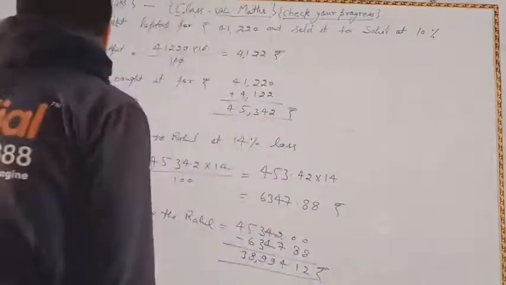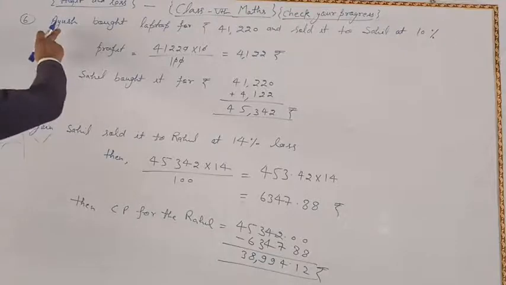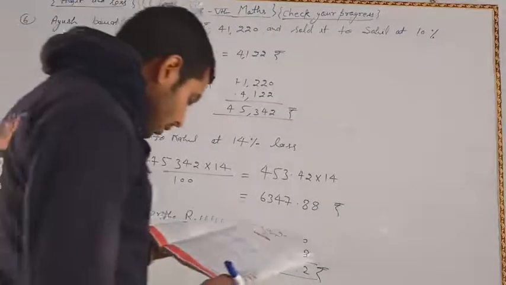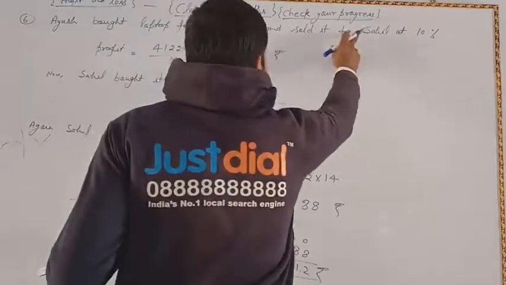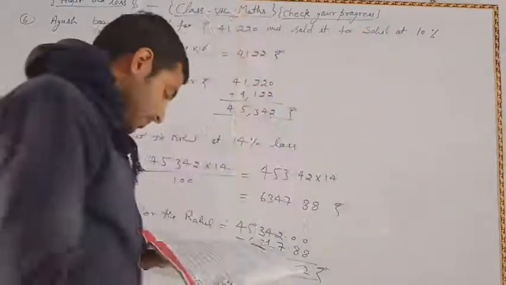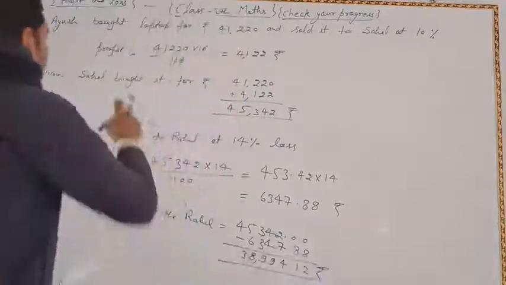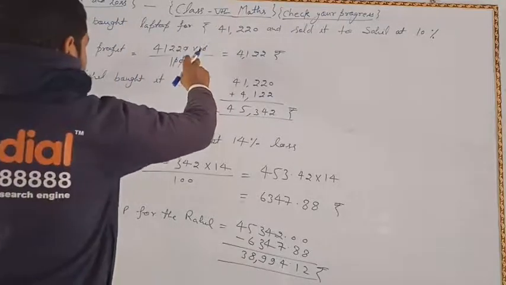So first of all, you see here on the board. First of all, we have to write: Ayush bought a laptop for rupees 41,220 and sold it to Sahil at 10%. Then profit, you know, is equal to CP upon 100.